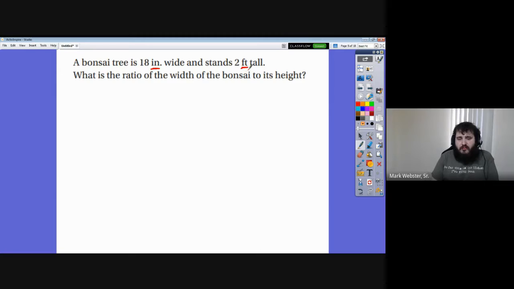So let's take these feet and turn them into inches just before we even begin the problem, right? 2 feet is 2 times 12 is 24 inches.